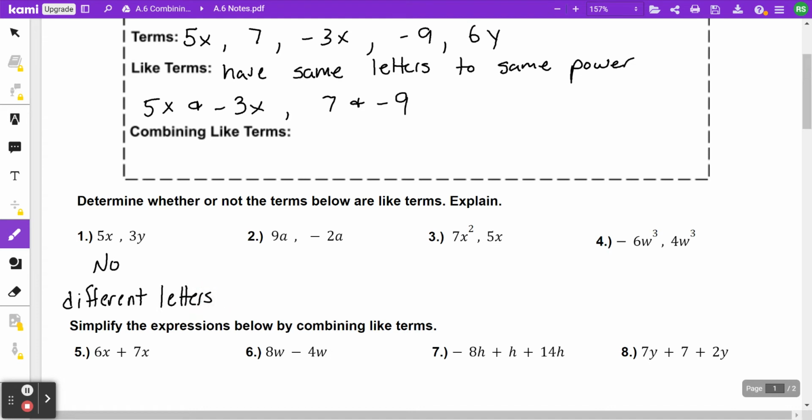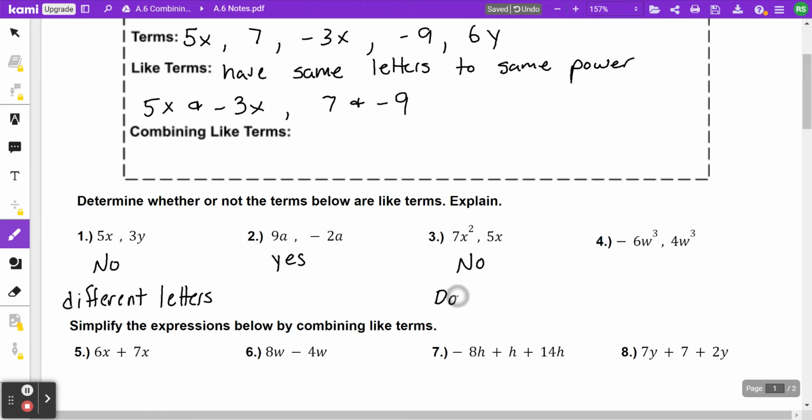Okay, for number 2, 9a and negative 2a, yes, those are the same letters to the same exponent, so those are like terms. For number 3, 7x squared and 5x, these are not like terms. Even though they're the same letter, the fact that one of them is squared and the other one is not means that they are not like terms.